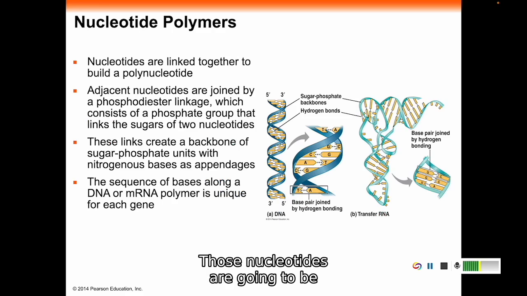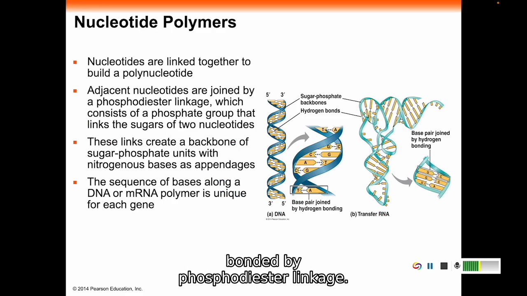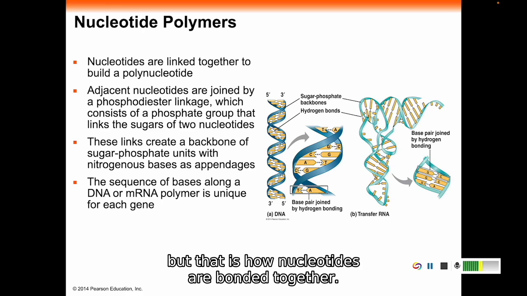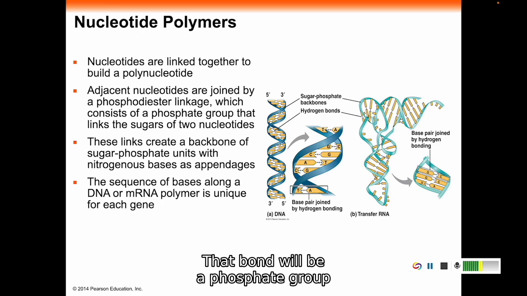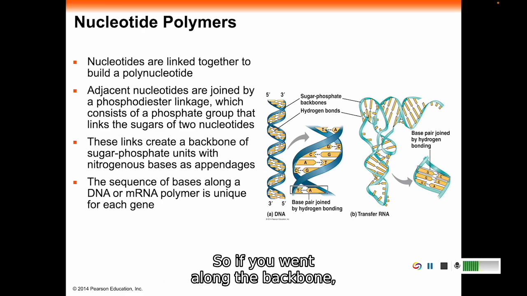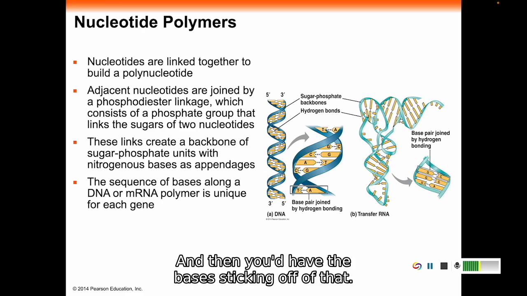Those nucleotides are going to be bonded by a phosphodiester linkage. That's a big word. You don't have to know what it means, but that is how nucleotides are bonded together. And that bond will be a phosphate group linked to the sugars of the 2 nucleotides. And that will form this sugar phosphate backbone. So if you went along the backbone, you'd see sugar phosphate, sugar phosphate, sugar phosphate. And then you'd have the bases sticking off of that.